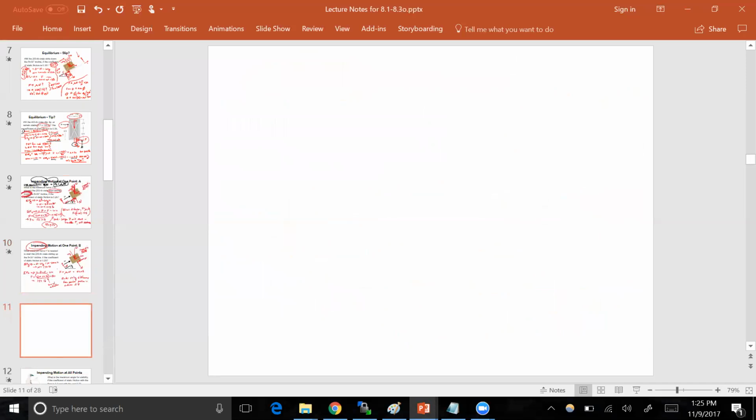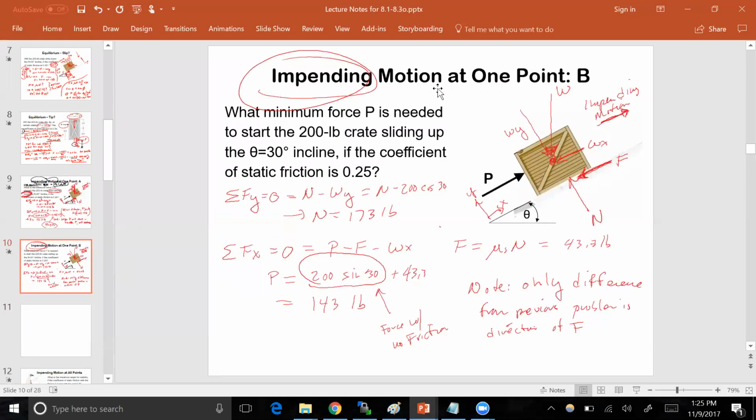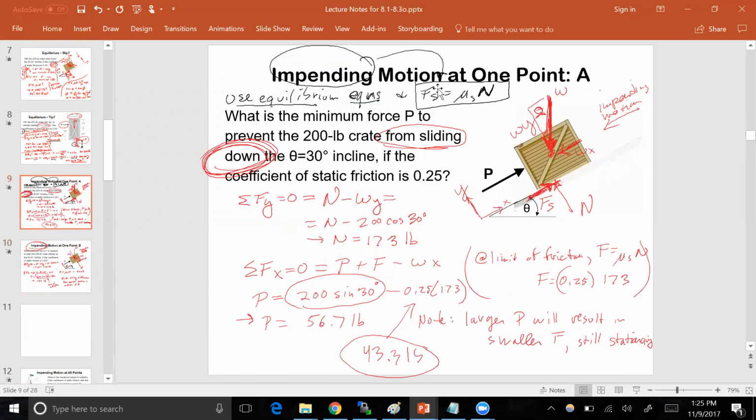So we found basically that, to kind of summarize these things, the same crate, right?